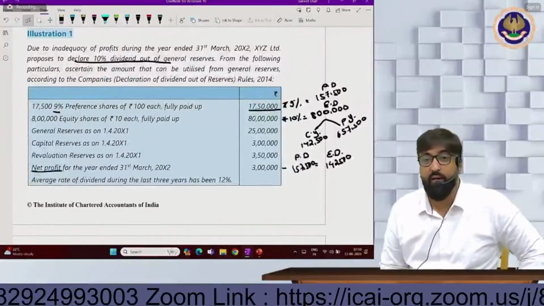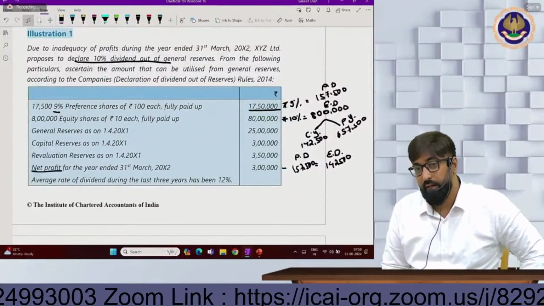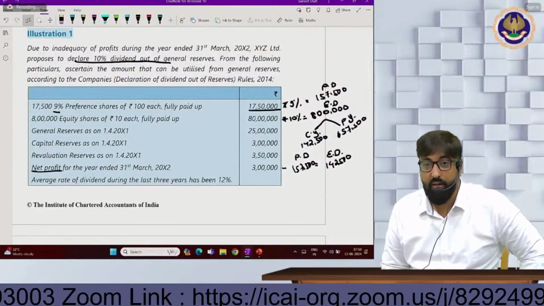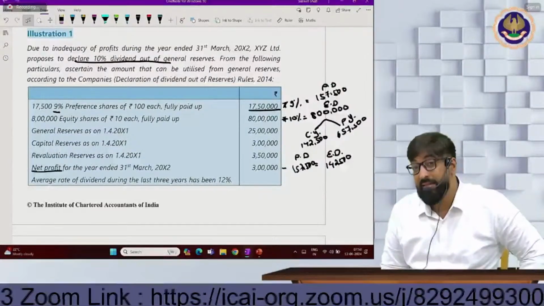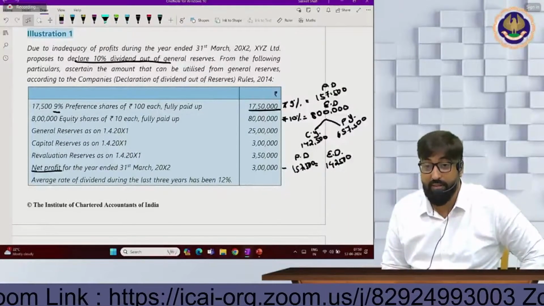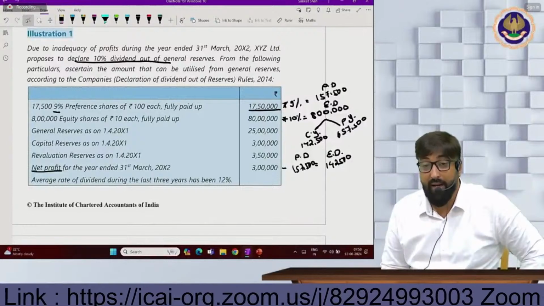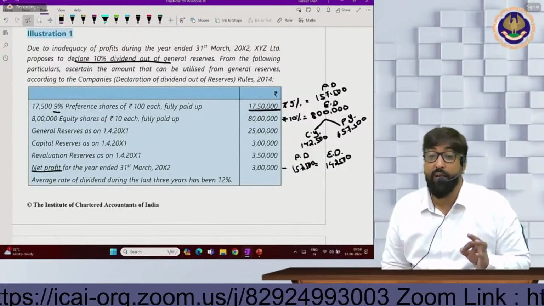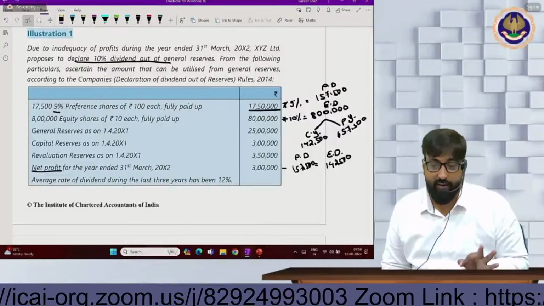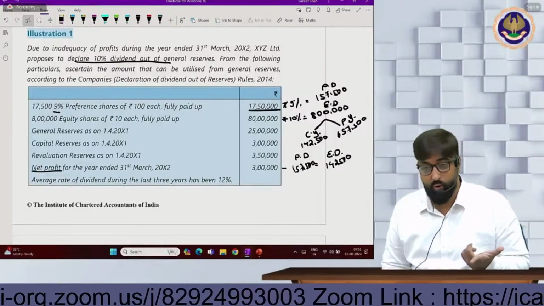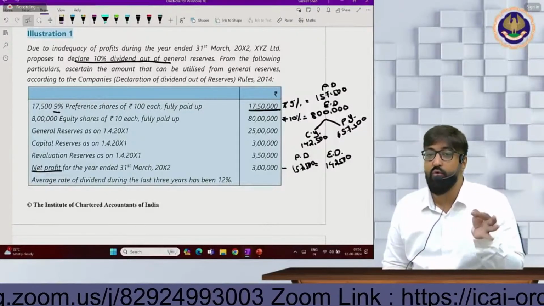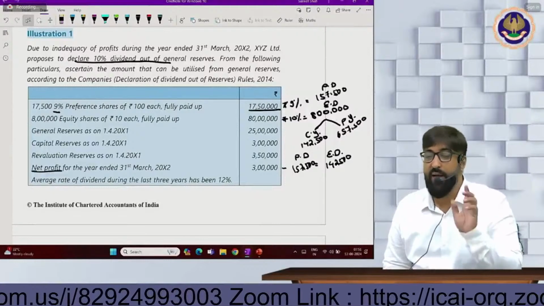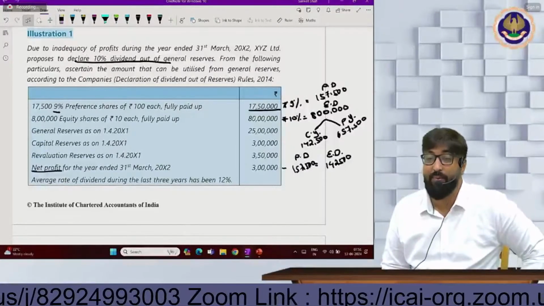So I calculated 9%, and I calculated 10%. But first I deduct the 9% preference dividend from 3 lakhs. So my current year profit, I can use only up to the extent of 142,500 to declare 8 lakh rupees. So what is the past year profit that I can use? This is 657,500.